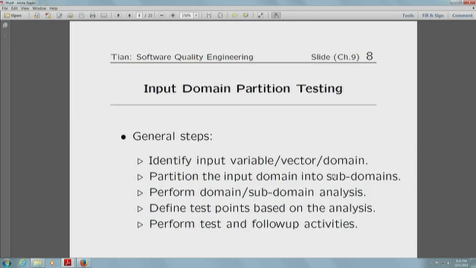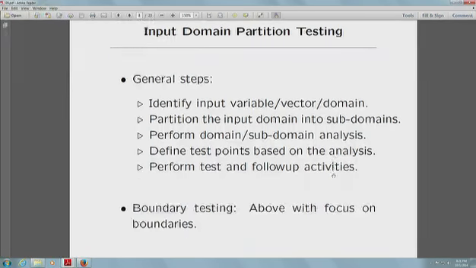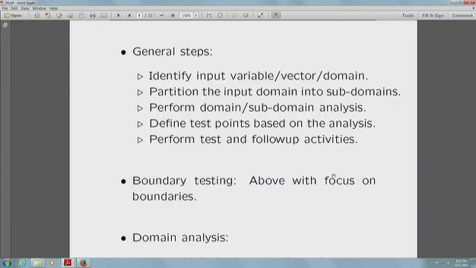With input domain partition testing, you really analyze the problem, come up with a model, and then try to get the test points to test things. In this case, we typically use graphical means to illustrate the test points instead of algebraic ways.